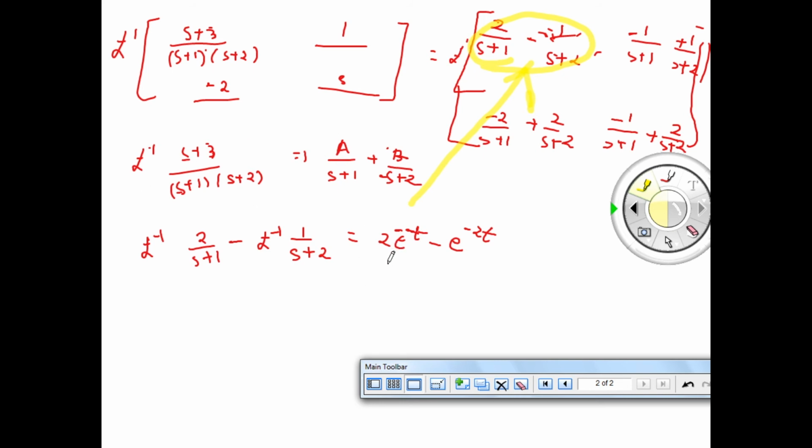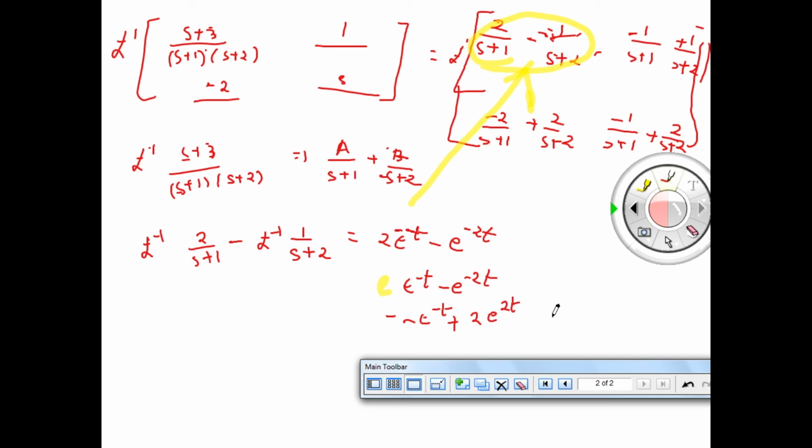Okay, so it will be e raised to minus t minus e raised to minus 2t. Okay, third one you will be getting minus 2 into e raised to minus t plus 2 into e raised to 2t.